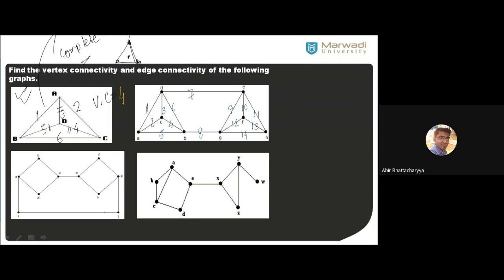Please cross-check all the edges and start solving. Write with justification, all of you.